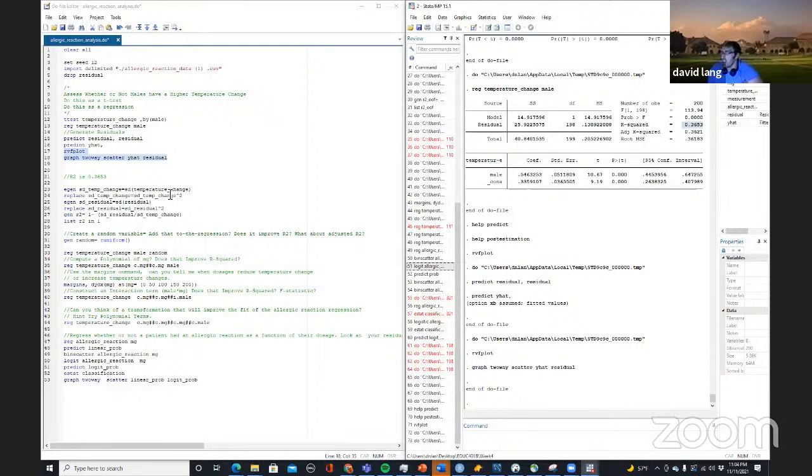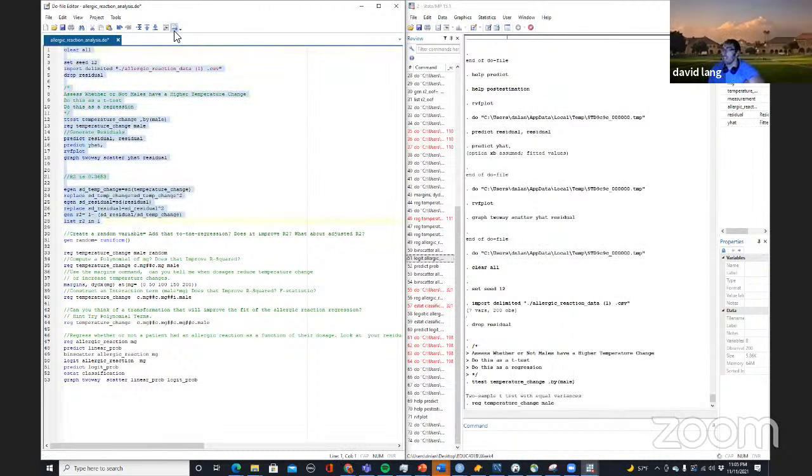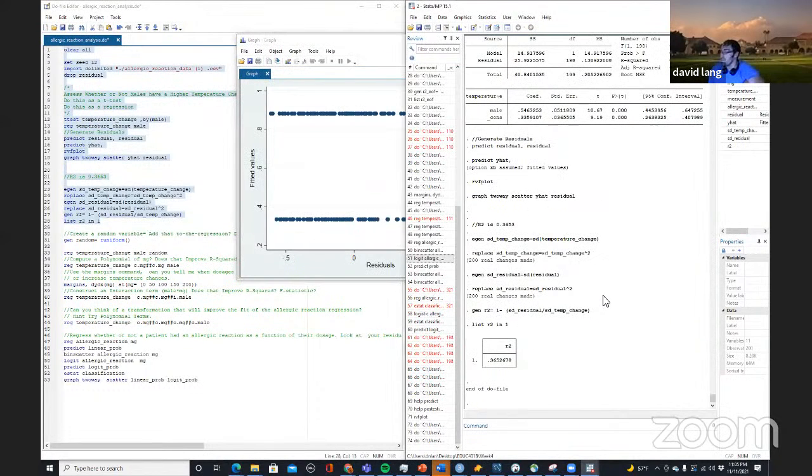So what we can do is take the standard deviation of our outcome variable, that's temperature change, and the standard deviation of our residual, that's how much our model is missing, and we can generate this R squared with this formula, where it's just 1 minus the residual sum of squares over the total sum of squares. And when we list it, we will get exactly the same result as if we had run a regression. So I think that's really cool.